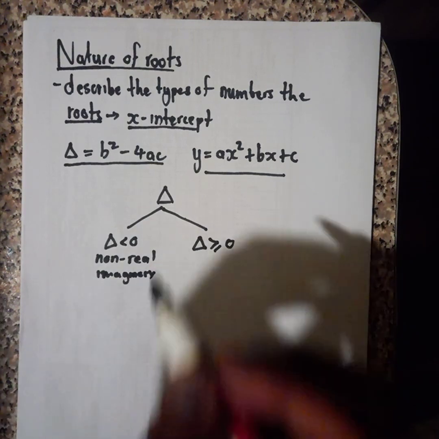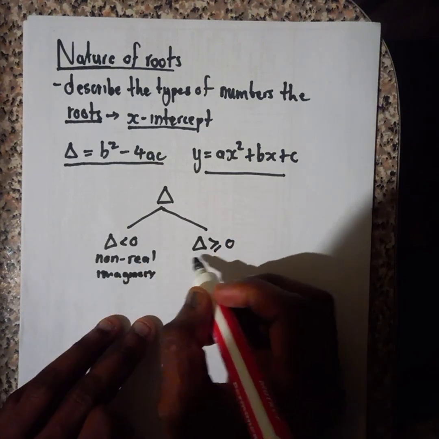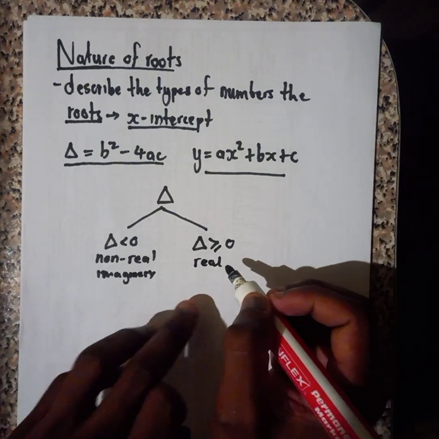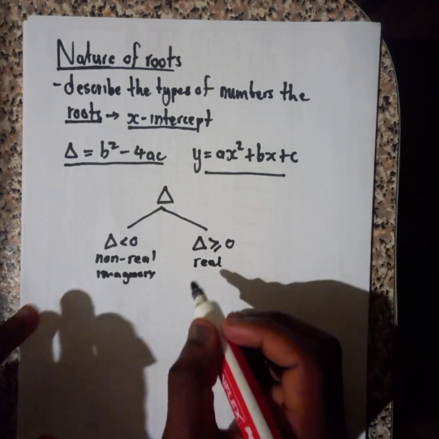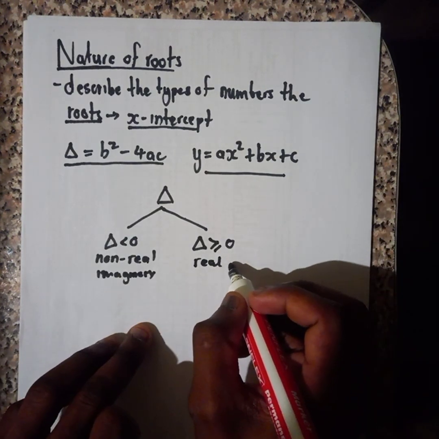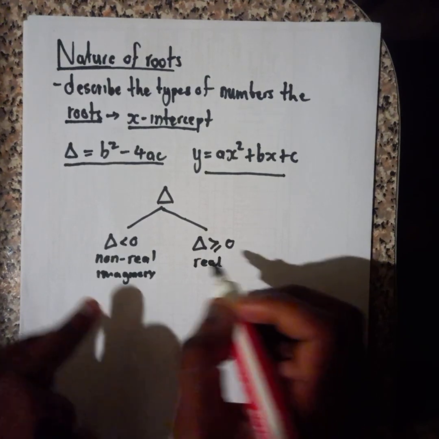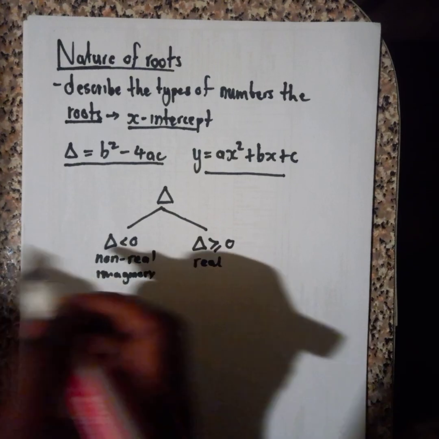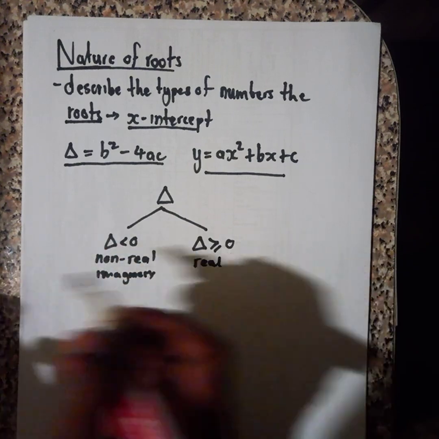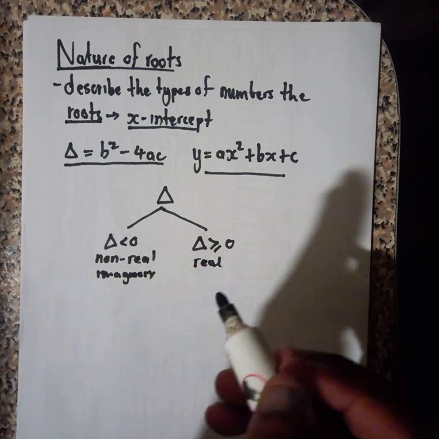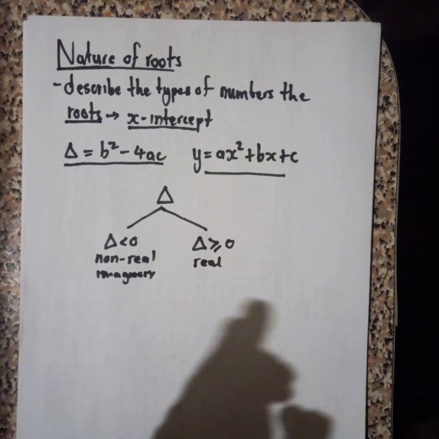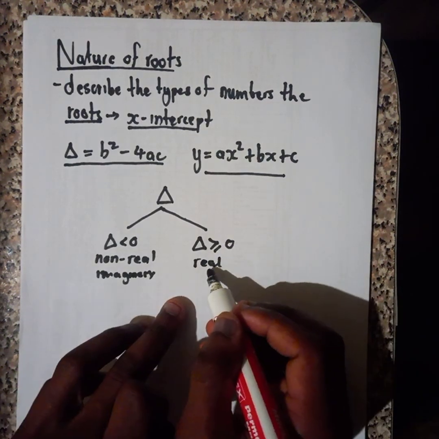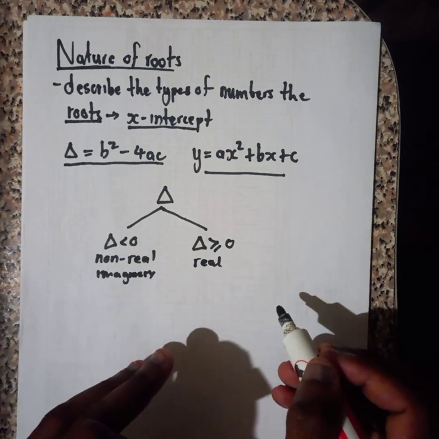On that note, we say the roots are real roots. The first ones are non-real because they are less than 0, which means they are negative. For these ones, from 0 onwards towards infinity, we say such roots are real roots.